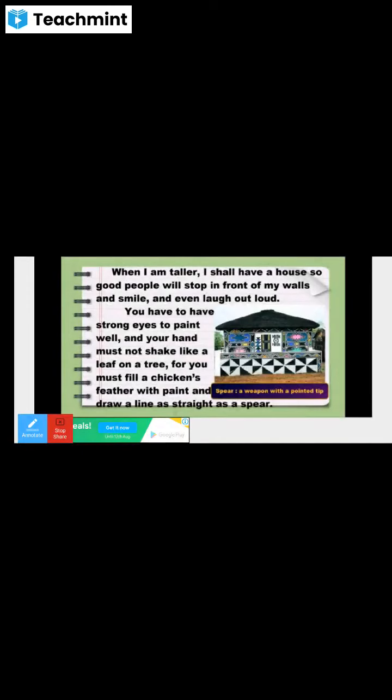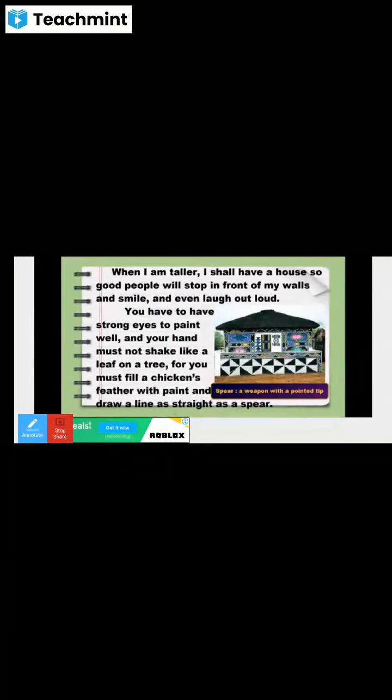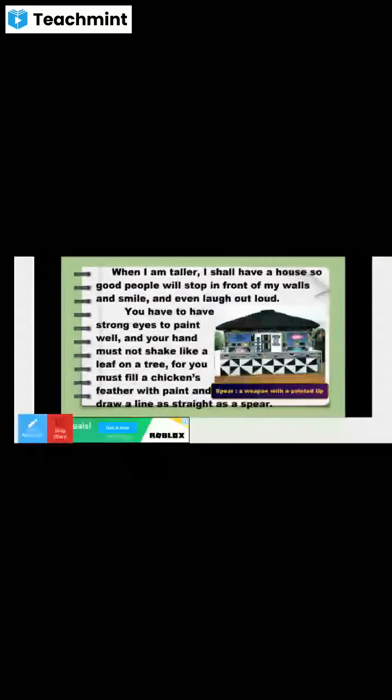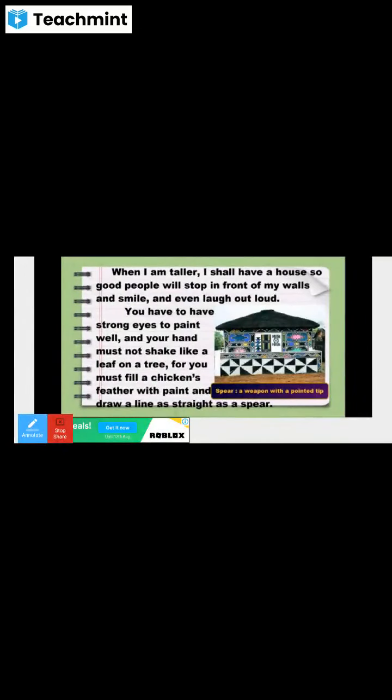They were always talking about my beautiful house. I want these types of designs, a different design, beautiful designs. I painted them on my own house.